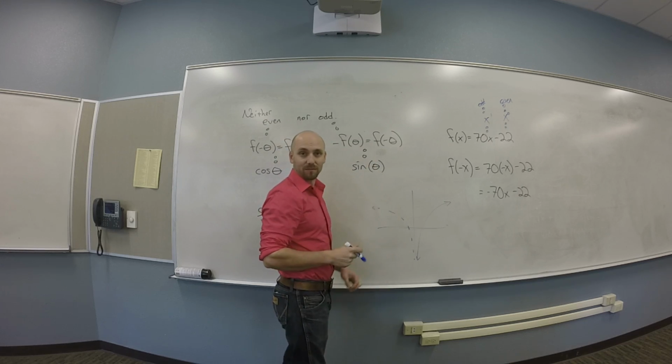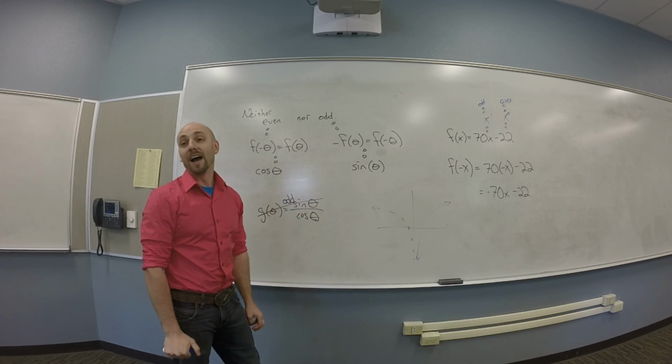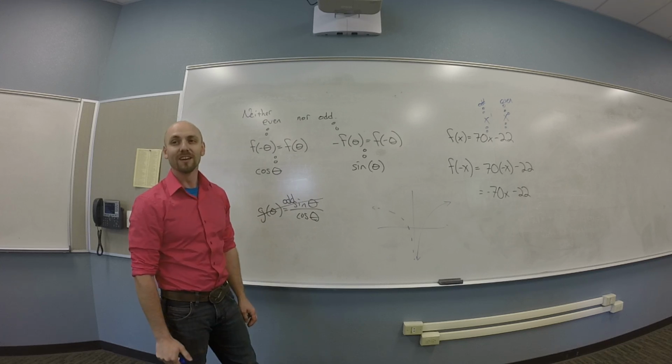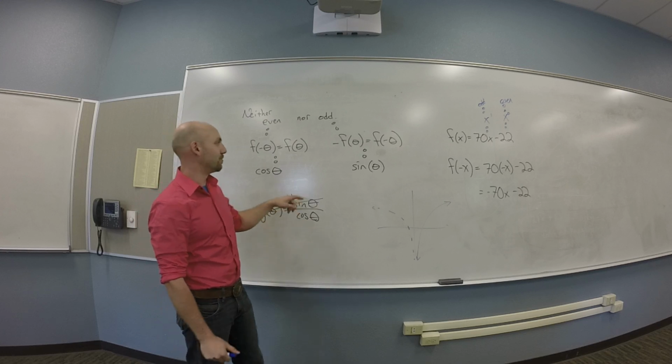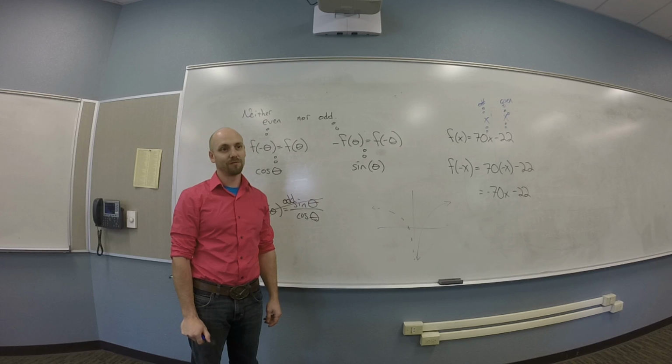So you just kind of have to think about how the function looks when you flip it. And if it does weird things, then it's probably neither even nor odd. I would go with it's easiest to be neither even nor odd. It's very special when a function's either even or odd.